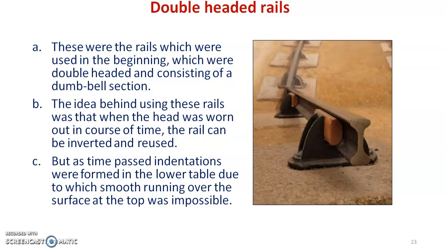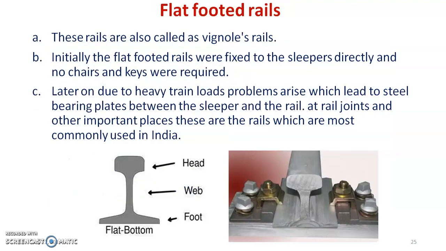The main advantage of the double-headed rail is, since both are in the same shape, the dumbbell section, after some course of time it can be inverted and reused. This is a major advantage, so that it can give smooth running. You don't want to repair it often.